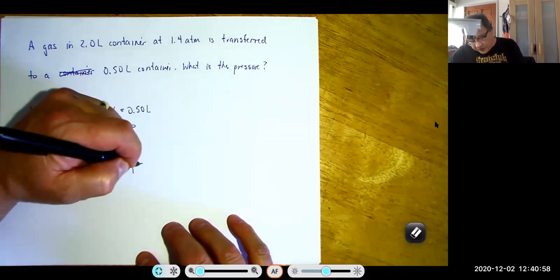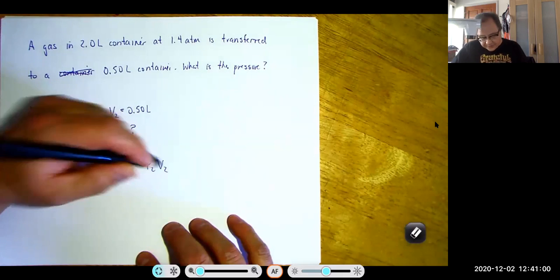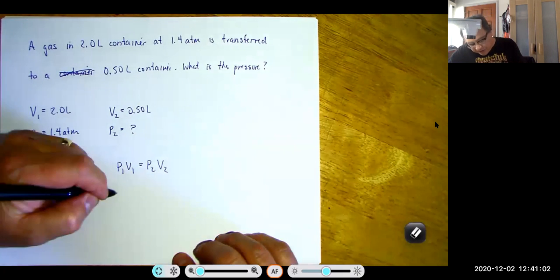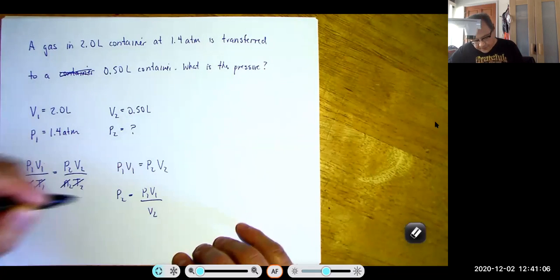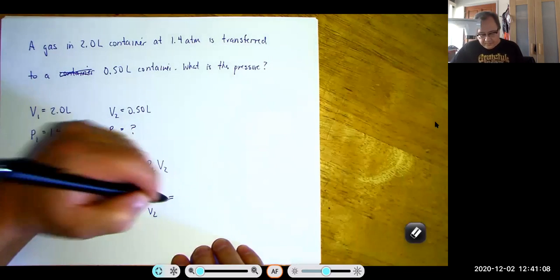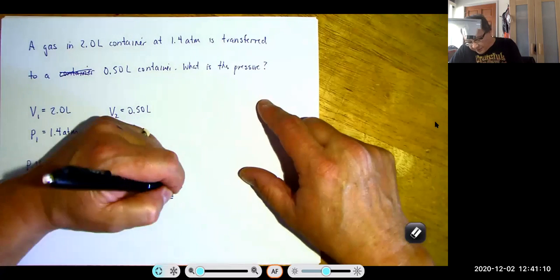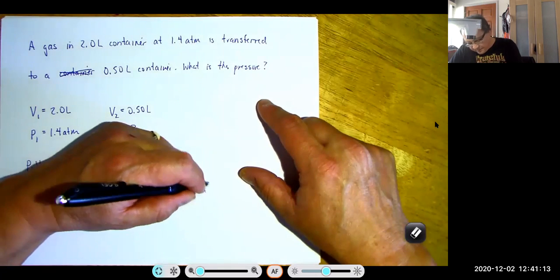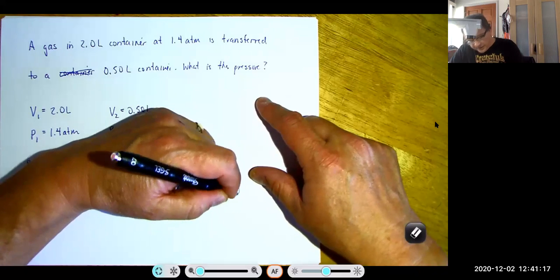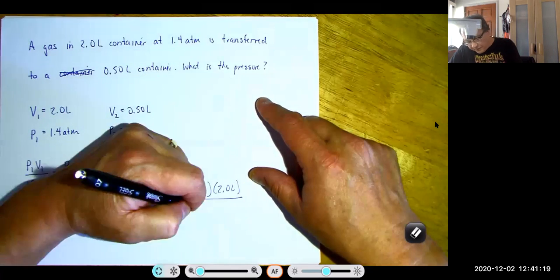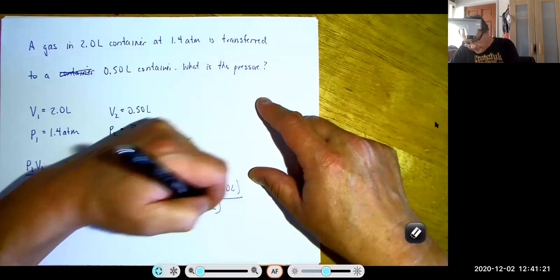P1V1 equals P2V2. Since I'm solving for P2, I'm going to write P2 is equal to P1V1 over V2. I'm going to plug the numbers in. P1 is 1.4 atmospheres. V1 is 2.0 liters. And V2 is 0.50 liters.